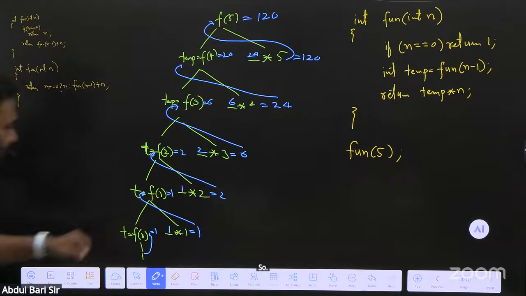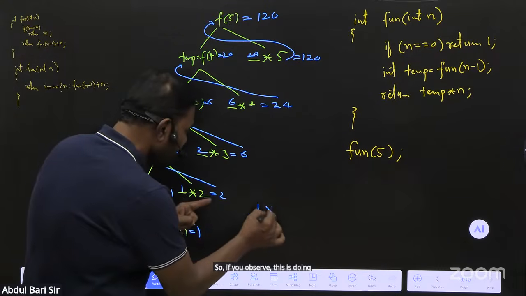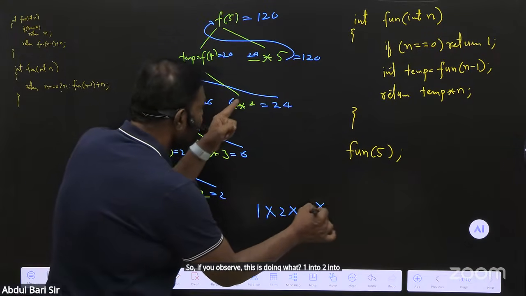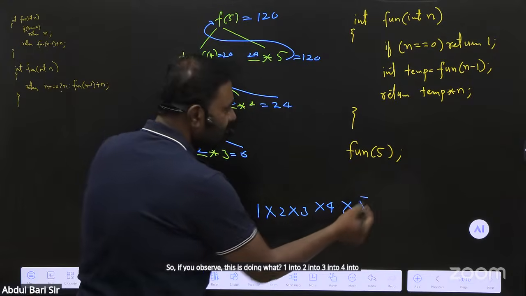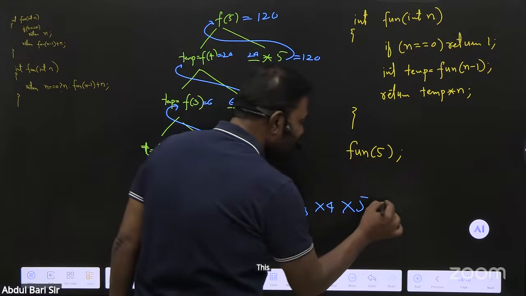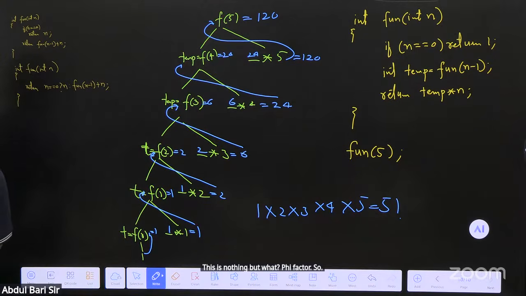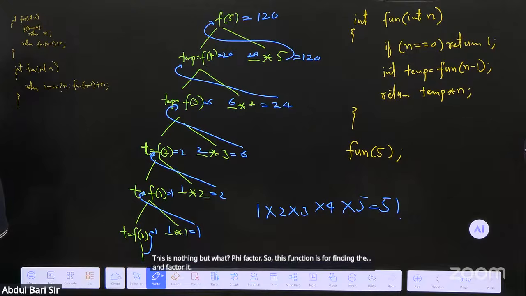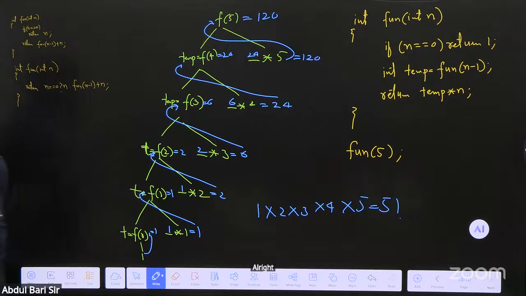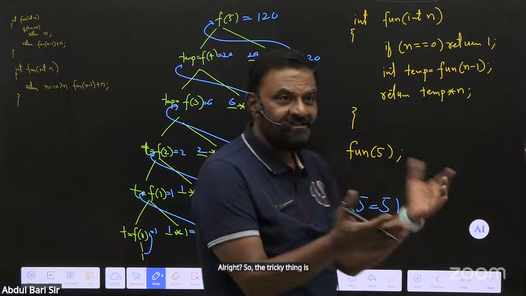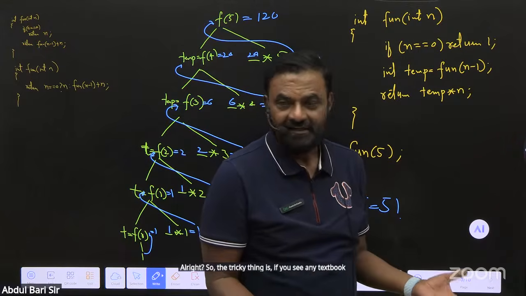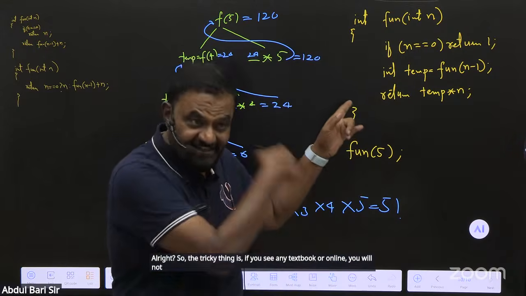So if you observe, this is doing what? 1 into 2 into 3 into 4 into 5. This is nothing but 5 factorial. So this function is for finding n factorial. All right. The tricky thing is, if you look in any textbook or online, you will not find the function written in this way.